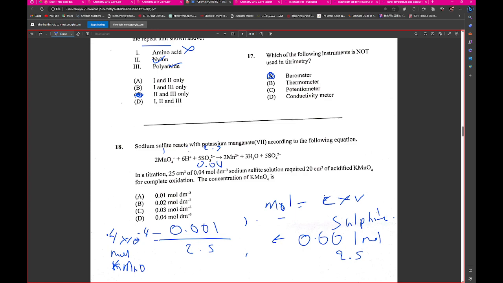So we're gonna have 4 times 10 to the negative fourth power divided by 0.02. So convert it. What would be the answer? B, 0.02. Yeah, I got that.